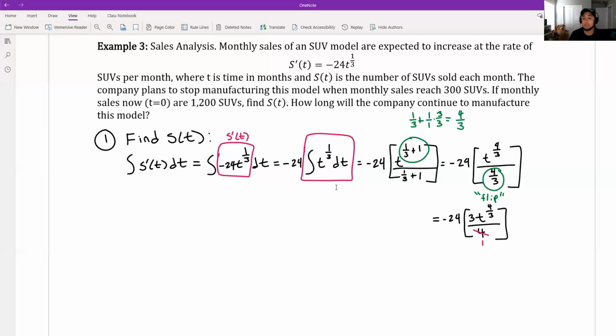This 24 becomes 6. We are left with negative 18 t to the 4/3 plus C. And this is S of t, which means that we're not done. We now need to solve for, guess what? C. Just like the last one.